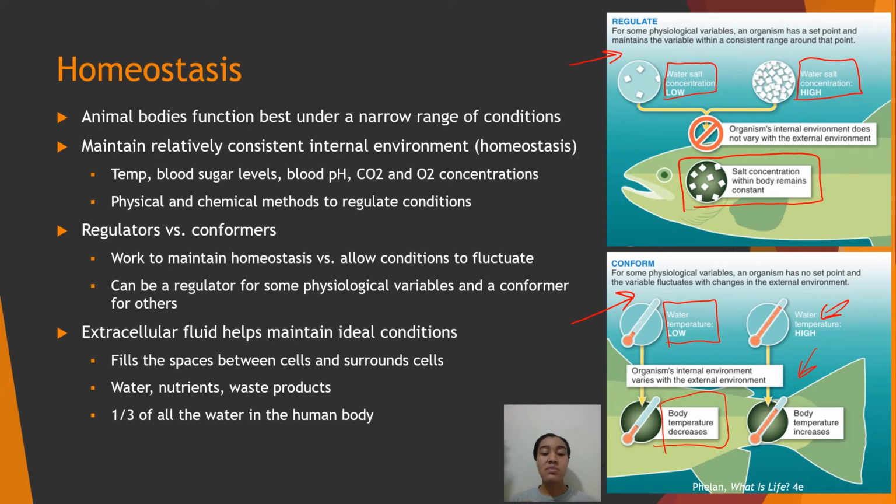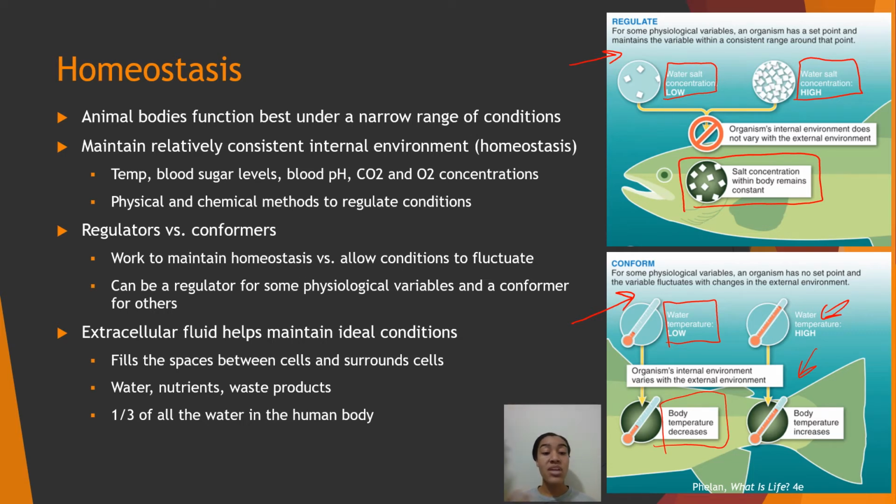And it fills the space between cells and surrounds the cells and keeps them in this nice aquatic environment. And it's composed of obviously water, nutrients, and then it also has waste products. So as your cells are getting rid of waste, it goes to this interstitial fluid and then is eventually moved to the circulation to be removed by your bladder and liver and kidneys and things like that.